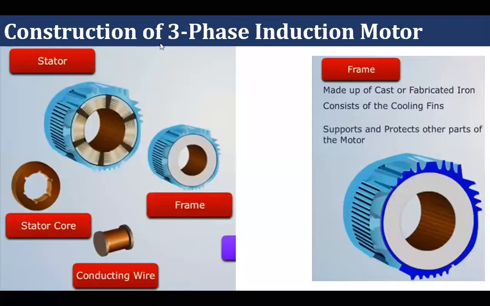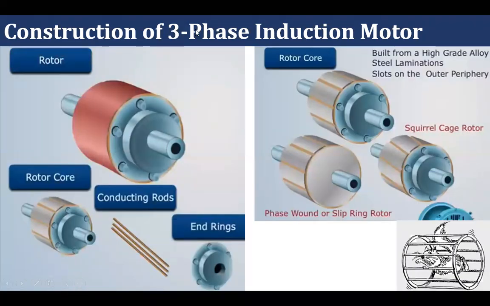Now the second major part of motor is rotor. Like its name indicates, it is the rotating part of the motor. It has three subparts: rotor core, conducting rods or coils, and then end rings or slip rings.